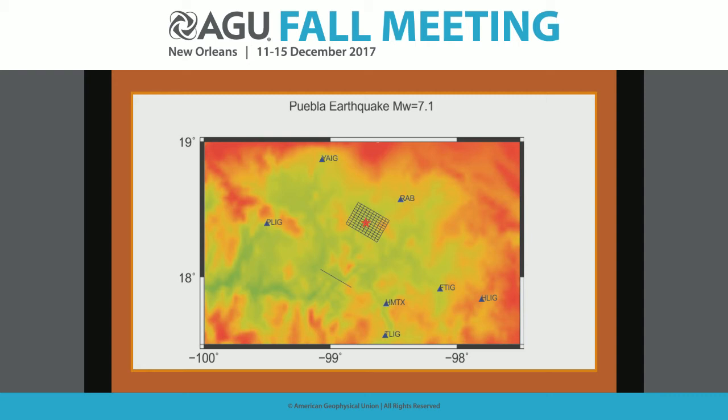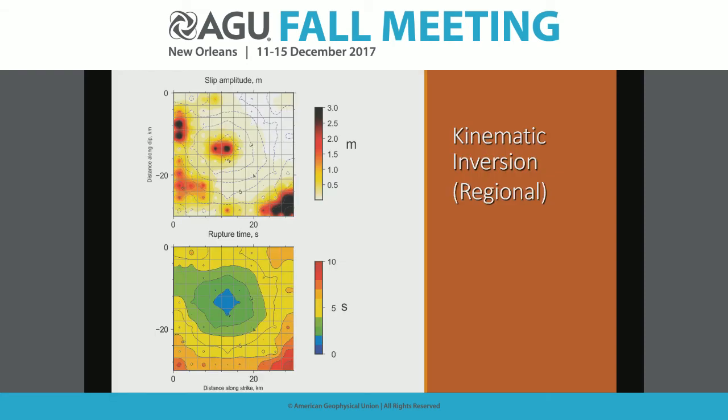We use the frequency domain inversion technique originally proposed by Cotton and Campillo in 1995, and we obtained this slip amplitude pattern. We of course use the fault plane which dips to the northeast. You can see here the position of the hypocenter. This is the top of the fault plane. This is the northwest direction.